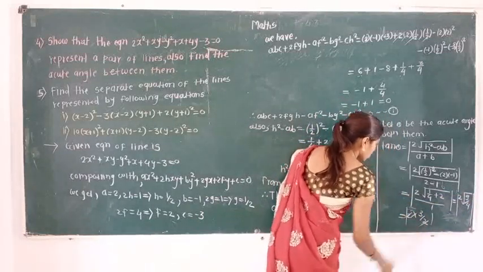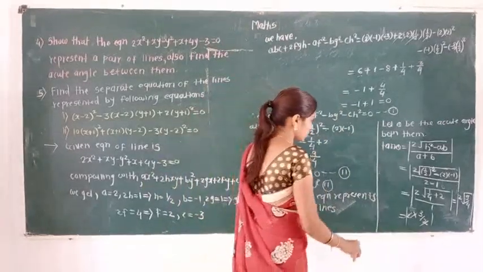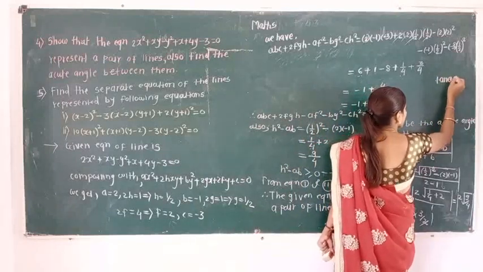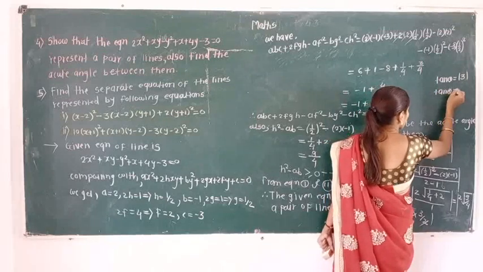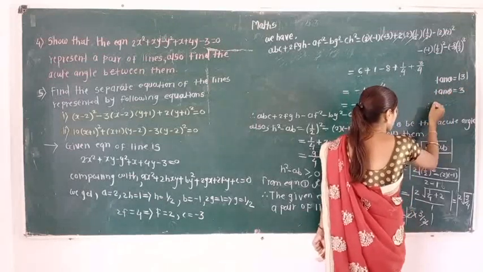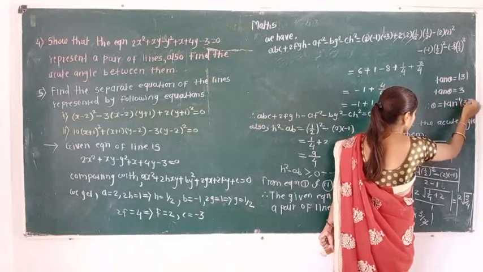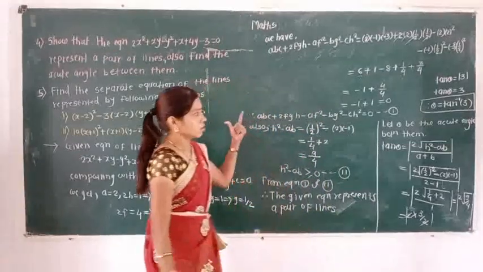The 2 gets cancelled, therefore the value of tan theta is mod 3, so the value of tan theta gets 3. Now theta we can write as tan inverse 3, and this is the acute angle between the pair of lines.